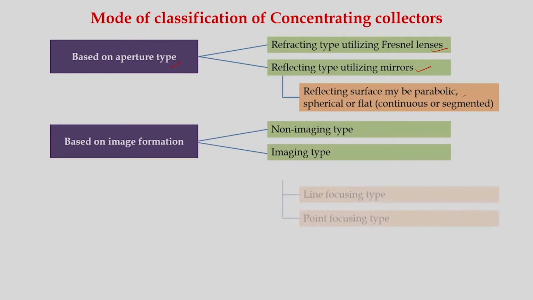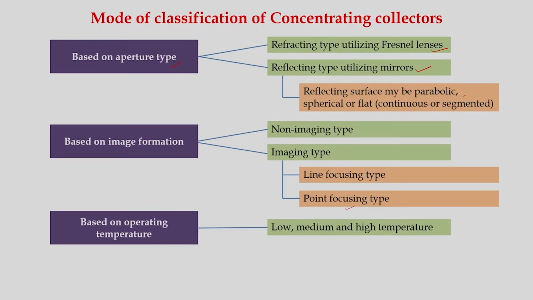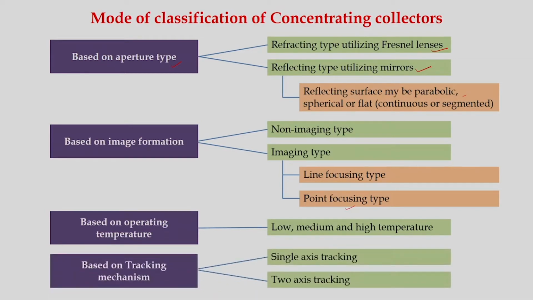Under imaging type again we have two classes: line focusing type or point focusing type. Based on operating temperatures, it may be low temperature, medium temperature and high temperature. The fourth category of classification is based on the tracking system: single tracking system or 2 axis, double tracking system. Sometimes we need a double tracking system to track the sun in order to capture more beam radiation.